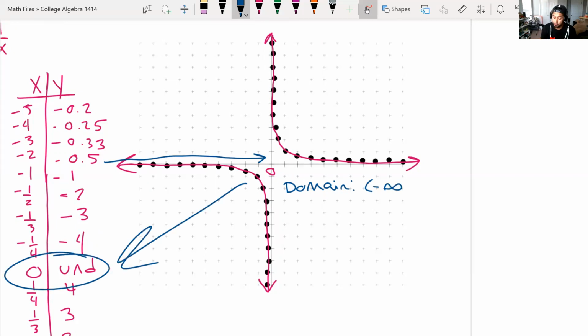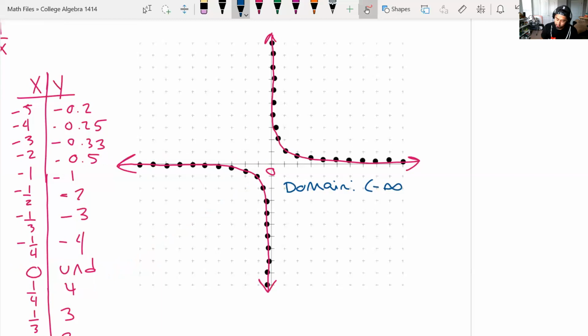And that answer is no. The function becomes undefined, which means we stop at 0 and then we union the next set and continue at 0 and head towards infinity. So 0 to infinity. Okay, and then what's the range?